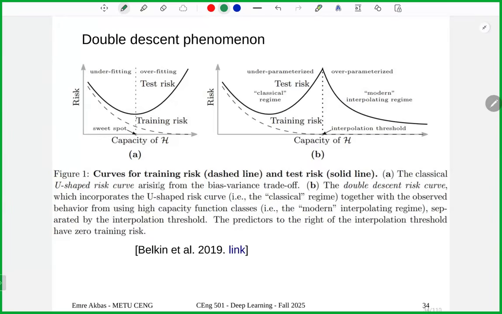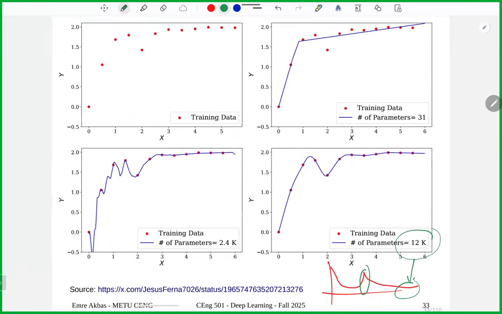That method, gradient descent, stochastic gradient descent, has an implicit bias. It prefers solutions that have minimum norm, small norm. So when you use 12,000 parameters to fit 12 points, you can imagine that there are many solutions that fit the data perfectly well, right?